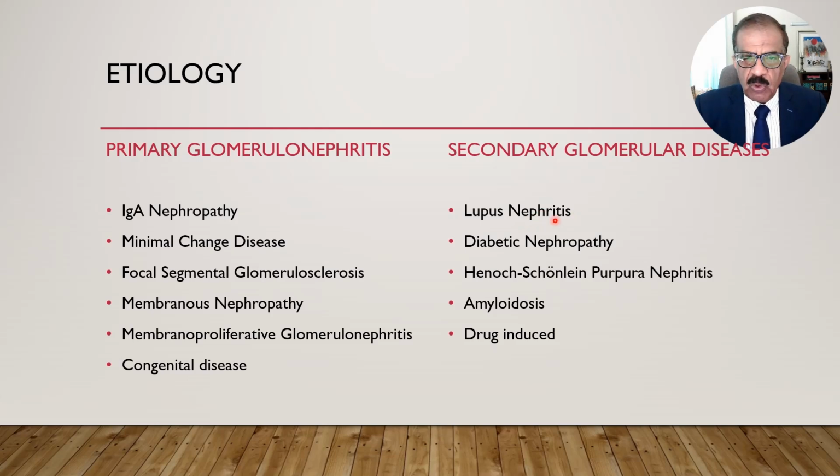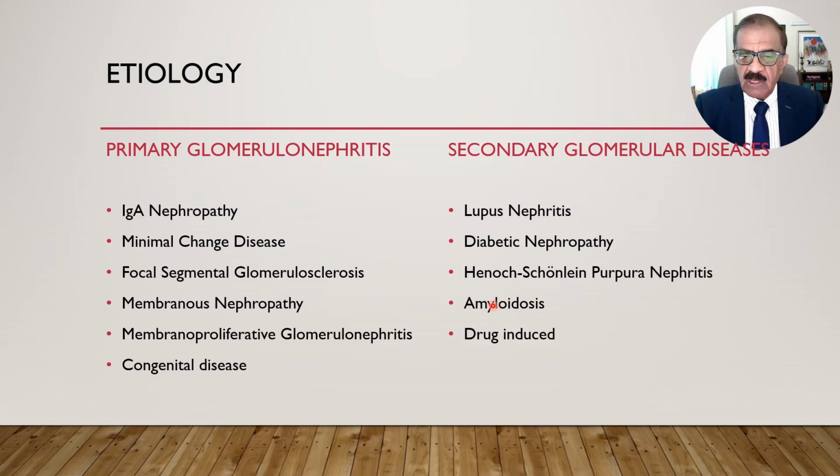So it could be lupus nephritis, diabetic nephropathy. These days when we have so many treatment options, fewer and fewer people develop nephropathy because we are able to prevent this. Henoch-Schönlein purpura, this is a rare condition. Henoch-Schönlein purpura is fairly common, but Henoch-Schönlein purpura causing nephritis and albuminuria and nephrotic syndrome is luckily rare.